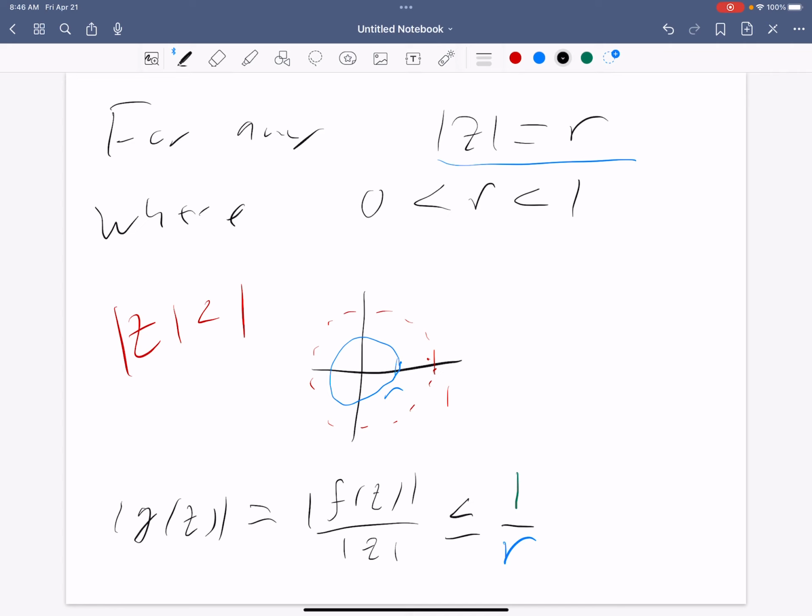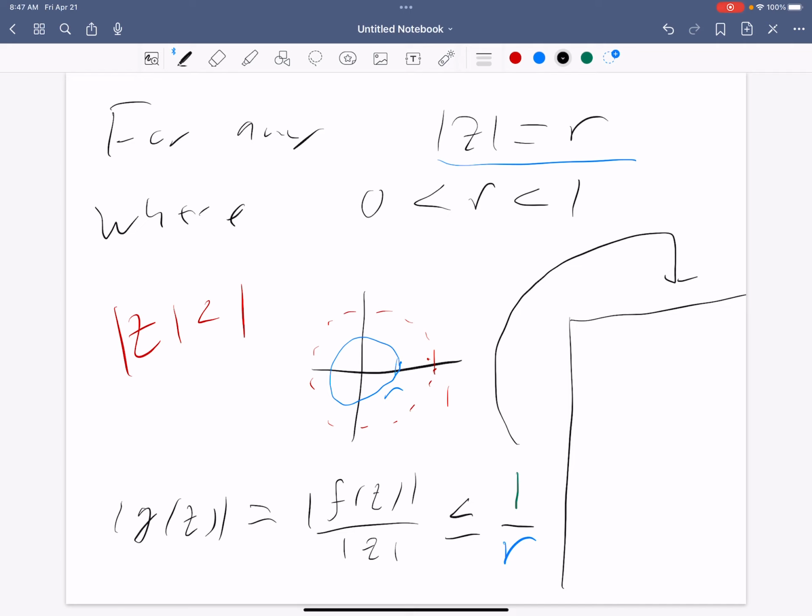Since that's good for every r between 0 and 1, we're going to obviously take a limit, but first things first, let's note something. Since z is equal to r in modulus, we don't have to worry about anything goofy happening in the denominator with an inequality, because in the top we have the inequality with that less than 1, and the bottom is equal to r.